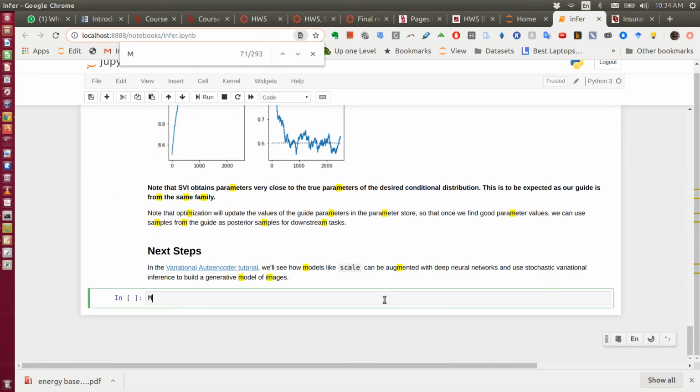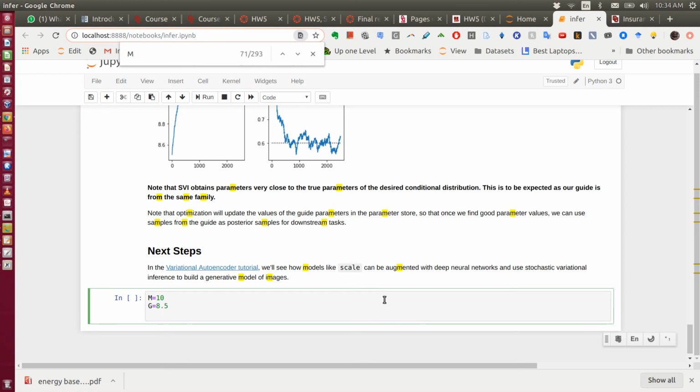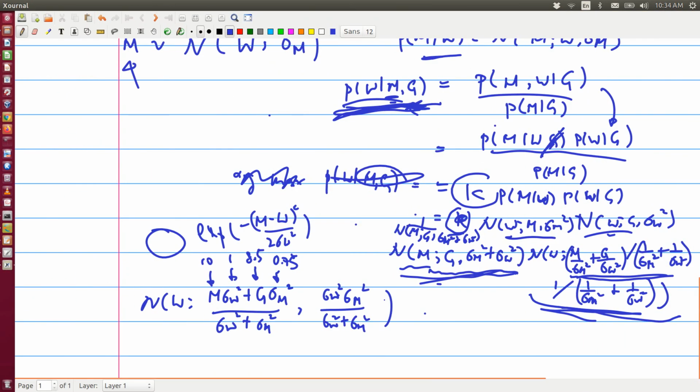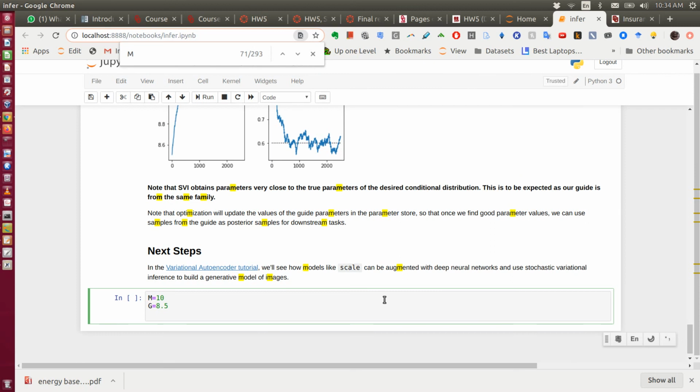I say m is equal to 10 and g is equal to 8.5, and I say sigma w is equal to 1, sw is equal to 1, and sigma m is equal to 0.75.